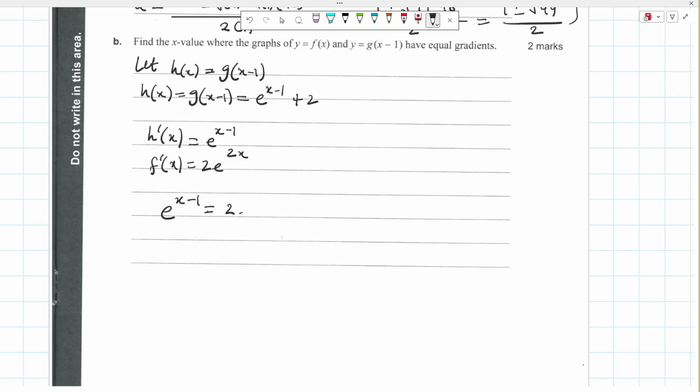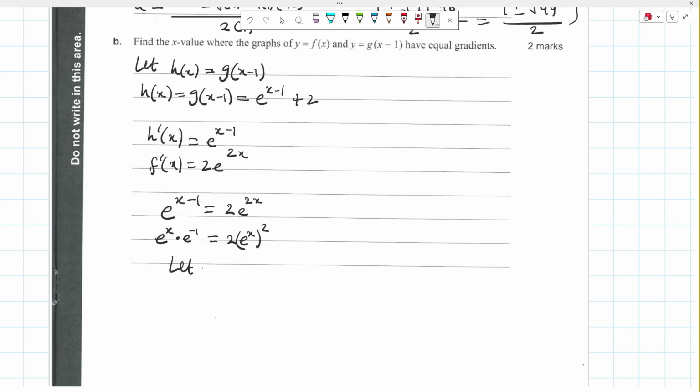So e to the x minus 1 is equal to 2e to the power of 2x. Now, e to the x minus 1, it's very important to note that this is the same as e to the x times e to the minus 1. And again, e to the 2x is the same as e to the x squared. So once again, the same thing. I see the same thing coming up multiple times.